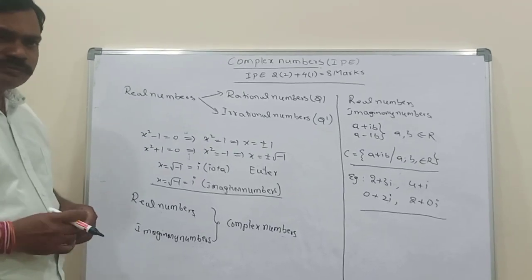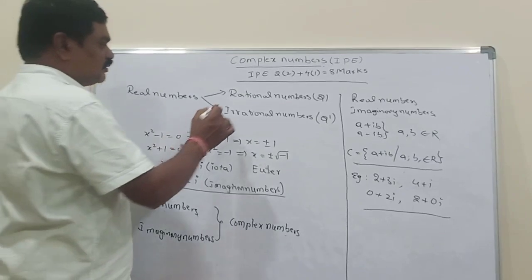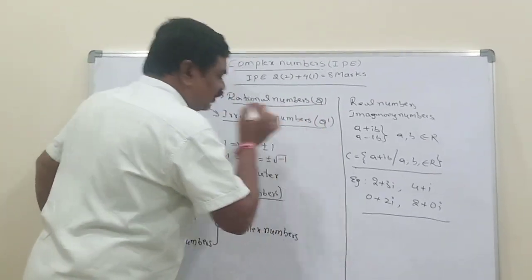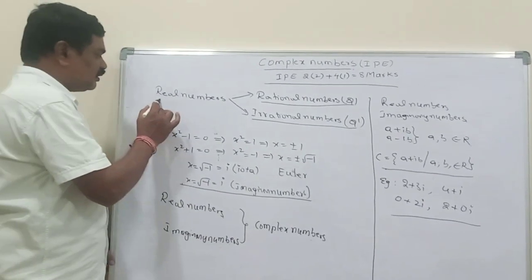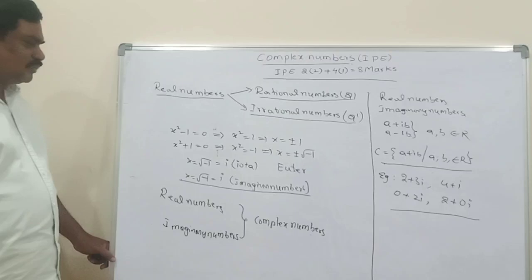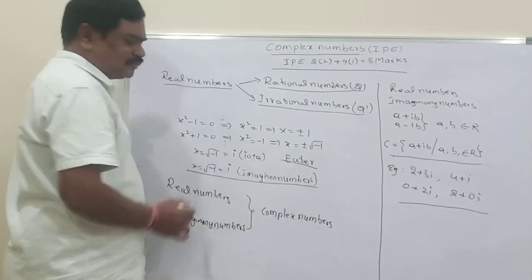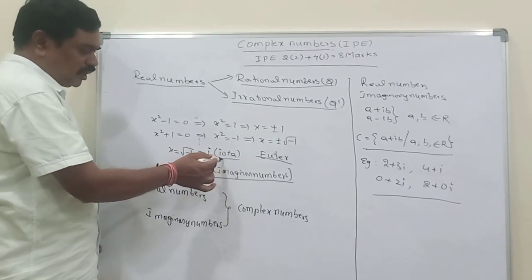So you see, real numbers means rational numbers Q and irrational numbers Q dash. Then the great mathematician Euler introduced iota.